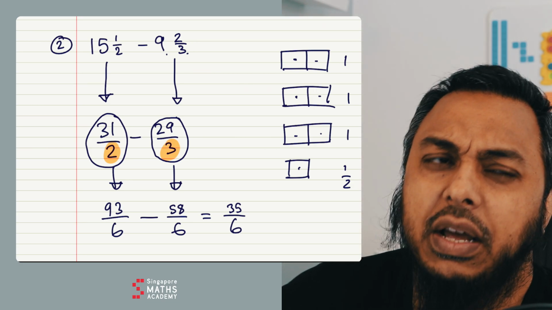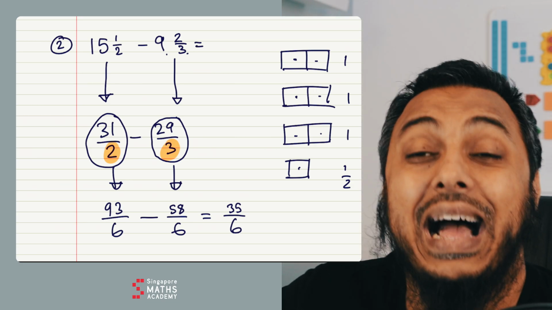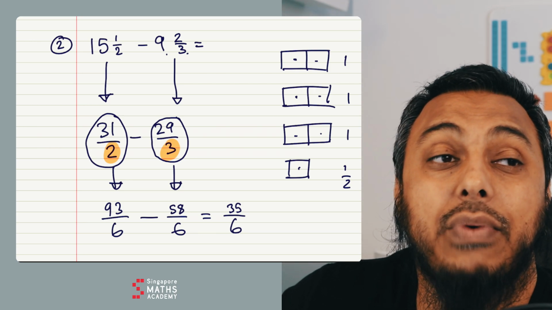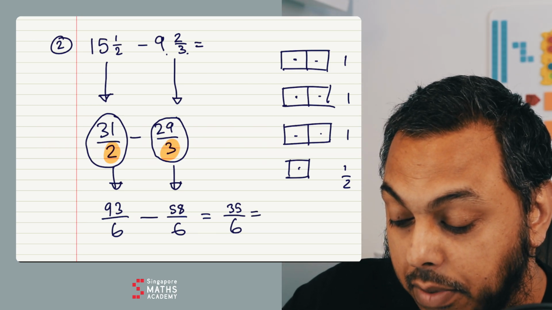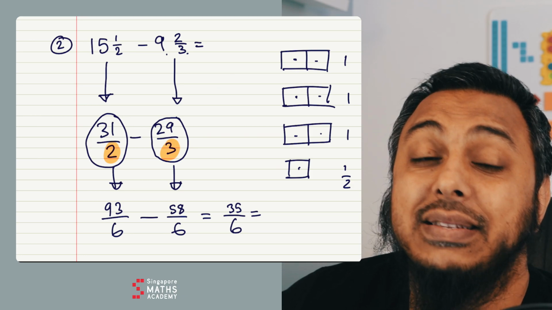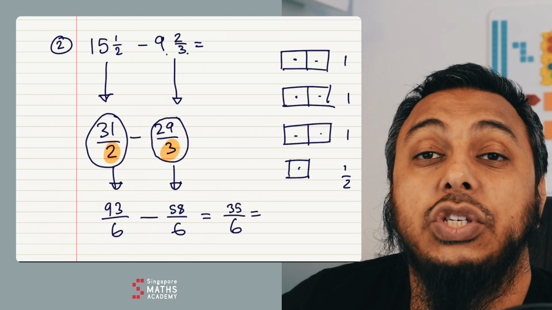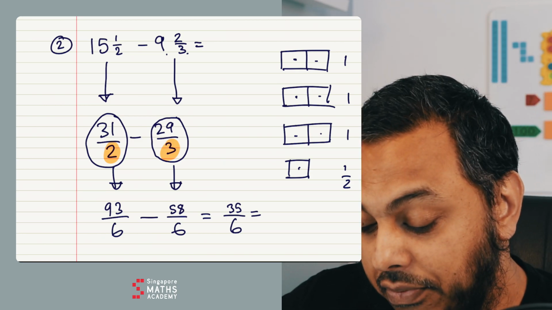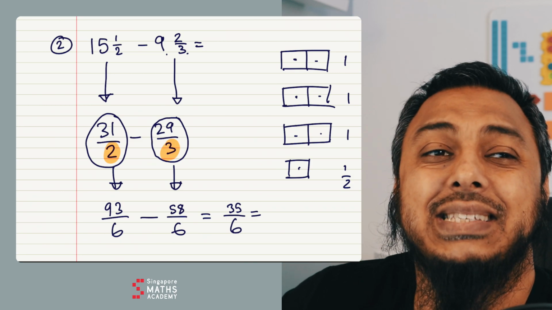Now 35 sixths is a bit unusual, right? What's unusual about it? It's an improper fraction again, right? So we're going to have to make that improper fraction into a mixed number. With fraction questions, unless they say leave it as an improper fraction, they normally want you to actually change your answer into a mixed number instead of leaving it as an improper fraction. So I know 6 sixths is 1 whole.